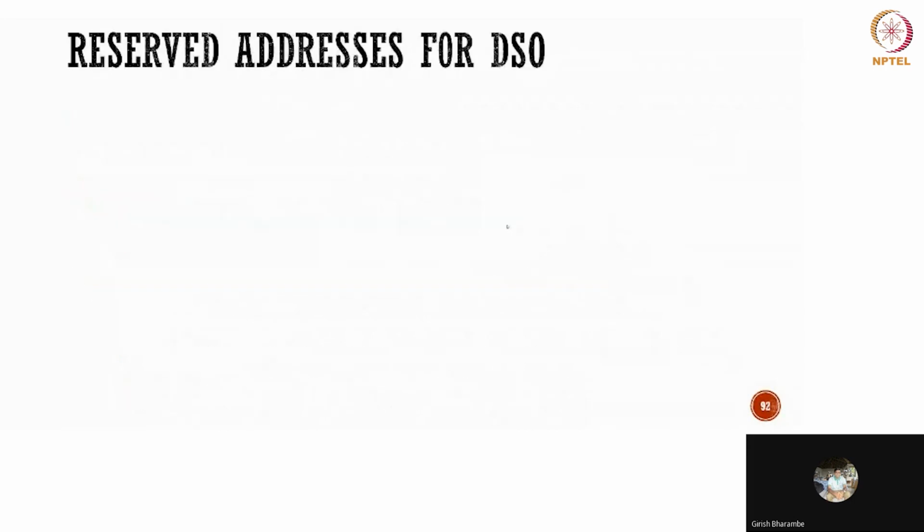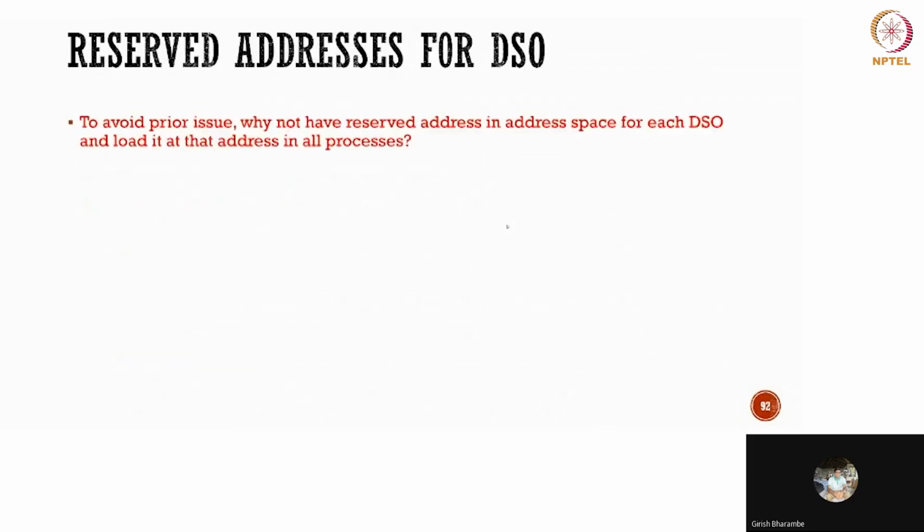Okay, now how do you solve it? We can think of multiple ways of solving it. Let's solve it by saying, why not give every shared library a fixed address? So let's say libc is always loaded at address 500, no matter what happens.